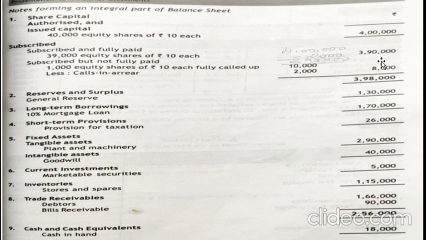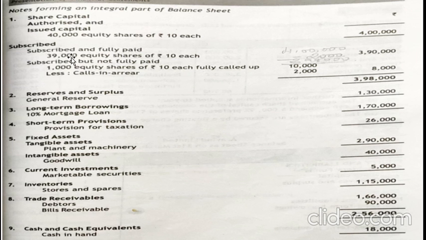This is one way, or you can directly do it. Subscribed can be 40,000 equity shares of rupees 10 each, which will give you 4 lakh, and how much is your calls in arrears? 2,000. So 4 lakh minus 2,000, directly subtracting the calls in arrears, will give you the share capital amount, which is 3,98,000. This is a clear step which you need to solve, where you will show your issued and subscribed.